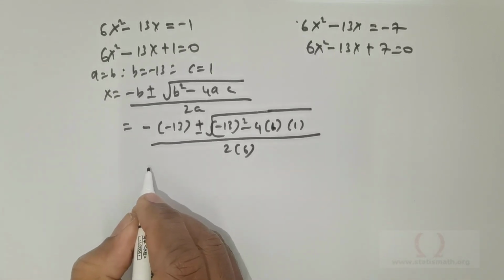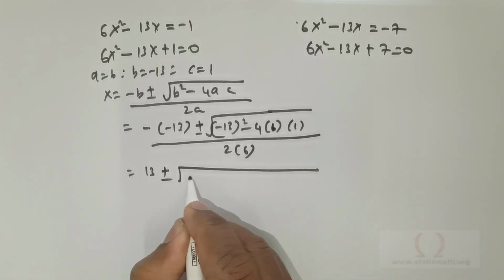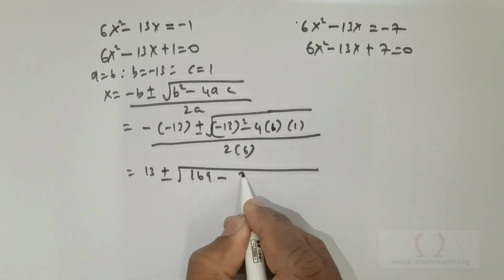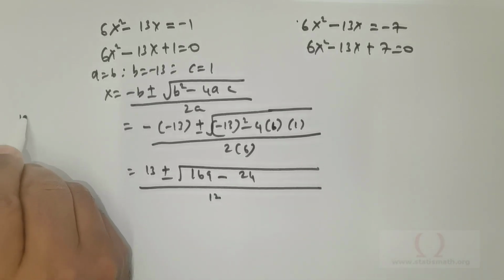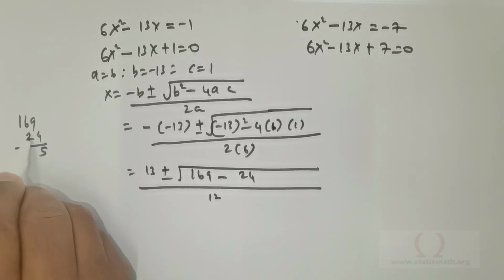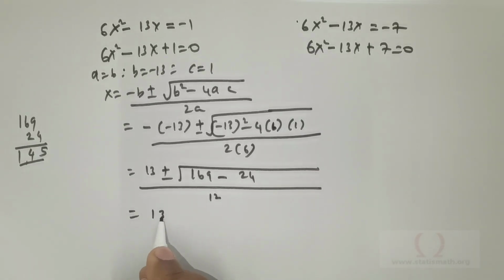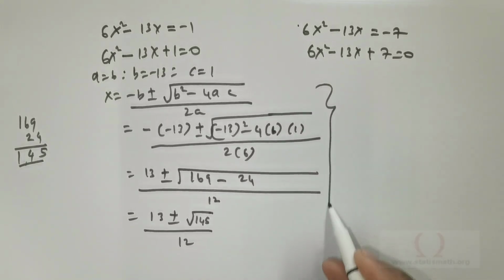So this would give me 13 plus or minus root of 169 − 24 divided by 12. So 169 − 24 gives me 145. So this is going to be 13 plus or minus root of 145 divided by 12 for the first part.